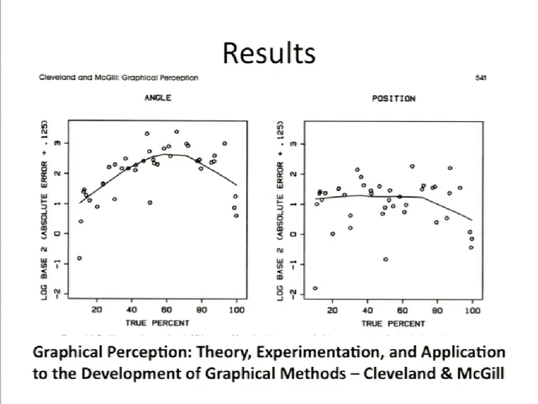He has the log base 2 of the absolute error. The left plot is for pie charts, where you have to use angles. The right one is for position, meaning you're using the heights, the position along the line. Notice that there are errors in both.